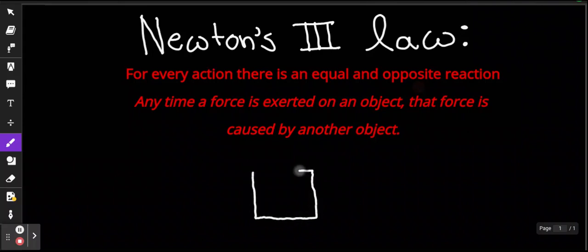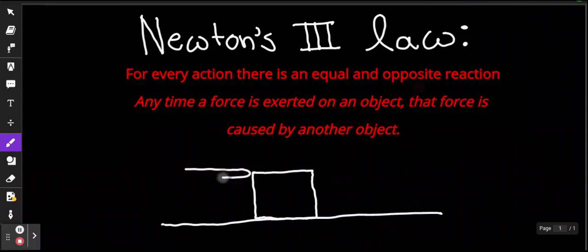Let's say we have a block on Earth, and the surface is frictionless. And you use your finger, excuse my drawing skills, to exert a force FH on the block, causing it to accelerate to the right.